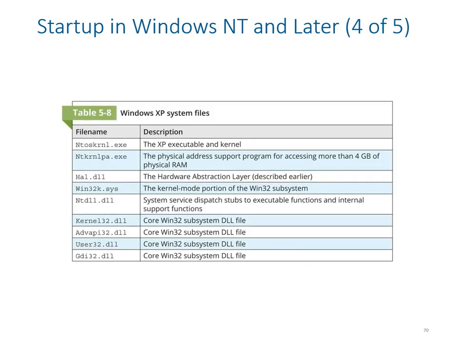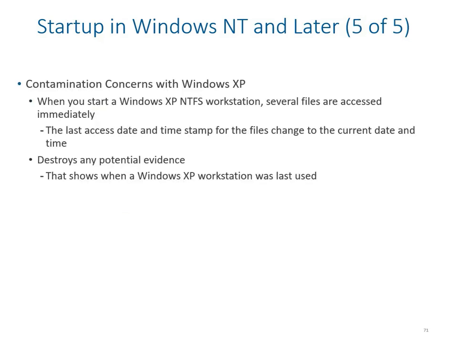And normally Ntoskrnl was the executable for the kernel. Win32k, as you know, was the kernel portion for the Win32 subsystem, and so on. Just basic information about different dynamic link libraries which are there in order to boot an operating system.